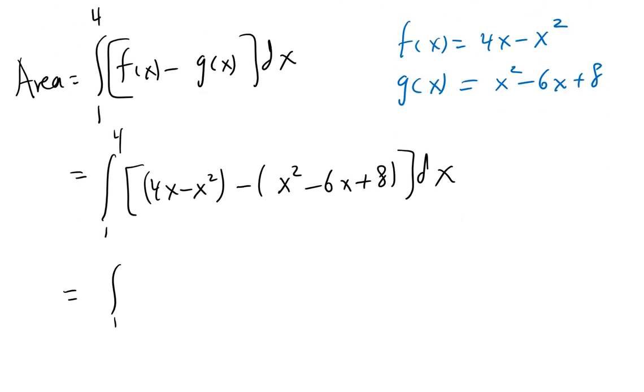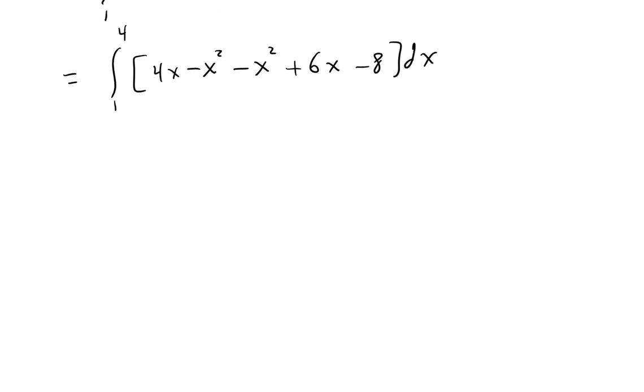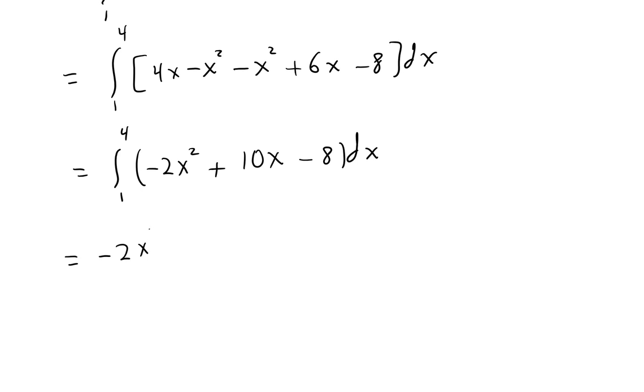This is the integral from 1 to 4, 4x minus x squared, multiply the negative in, dx. Then it is the integral from 1 to 4 of negative 2x squared, combine like terms, 10x minus 8 dx. Now we can integrate them one at a time. x squared is x cubed over 3, plus 10x is x squared over 2, minus 8x, from 1 to 4.